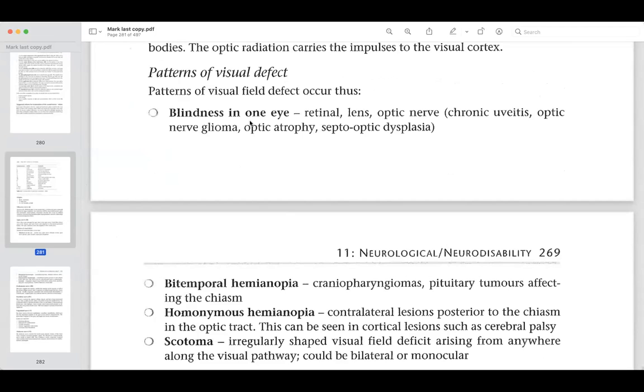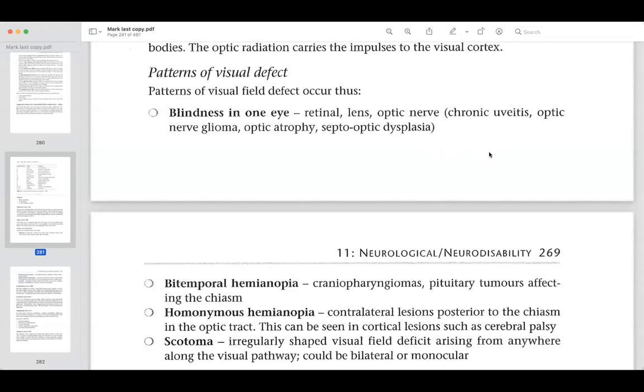So blindness in one eye: retina, lens or optic nerve, chronic uveitis, optic nerve glioma, optic atrophy, septo-optic dysplasia. These are the common causes. So anything which causes injury to the retina, or there is a problem in the lens like cataract or retinoblastoma or anything, and optic nerve, there can be blindness in one eye.